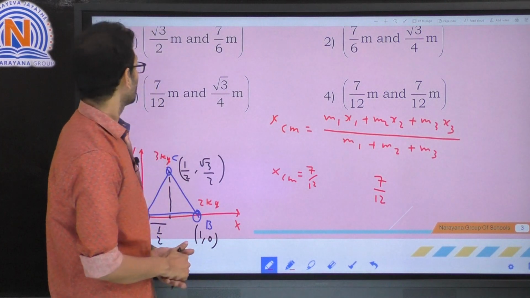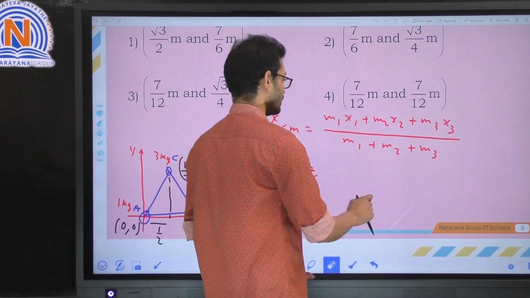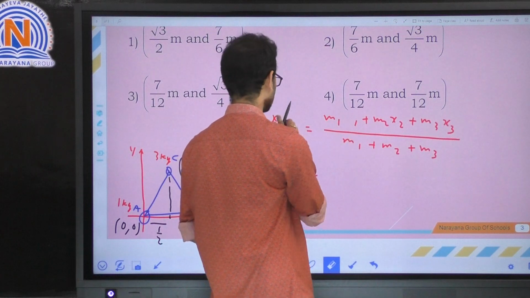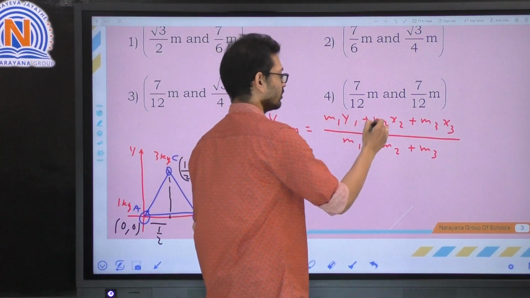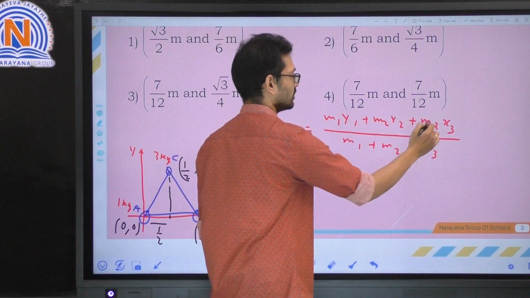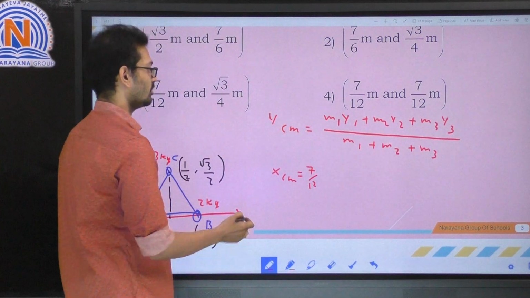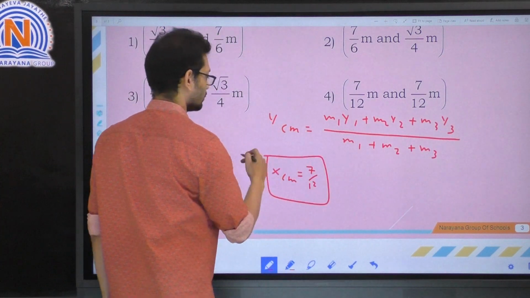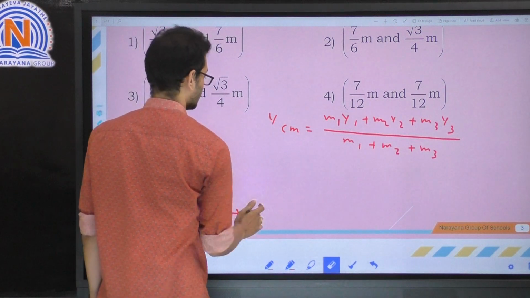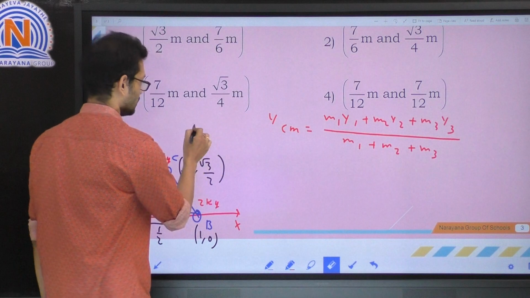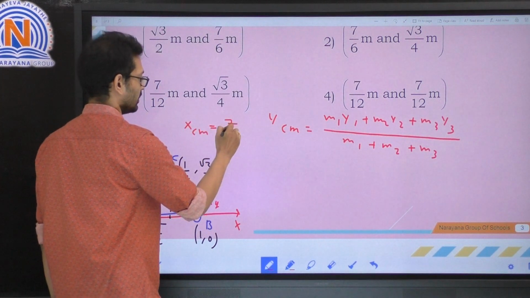Right? Now x center of mass is found, so let us go with the next one, which is y center of mass. Y center of mass is m1 y1 plus m2 y2 plus m3 y3, divided by the total mass. X center of mass I will write here: it is 7 by 12.